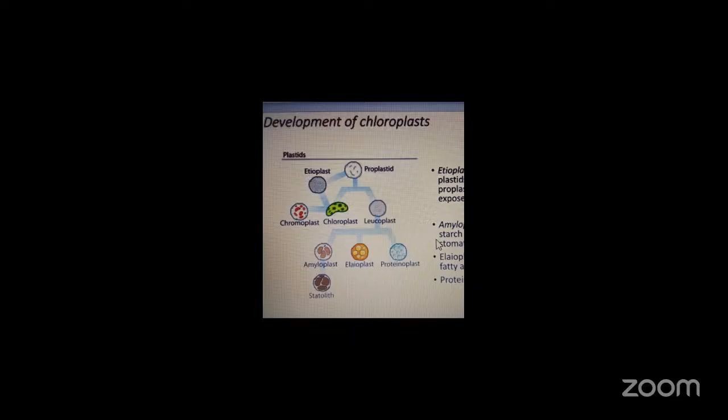There was a rapid and massive reduction in the number of genes, transferred to the nucleus or lost. 80 to 90% of plastid proteins are encoded in the nucleus.